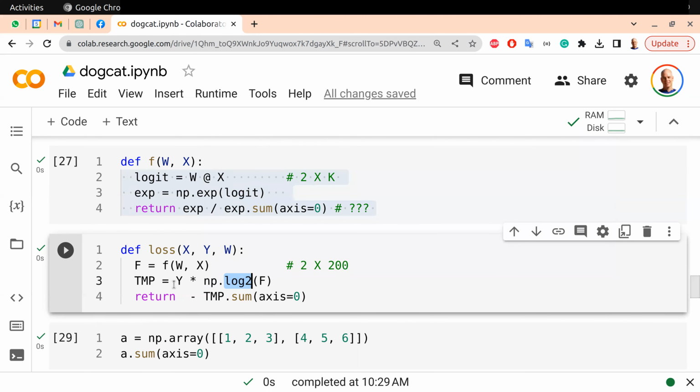On f. It's log of f, from the definition of cross entropy. And you're saying that f is the result after softmax, which is kind of the reverse operation, right?